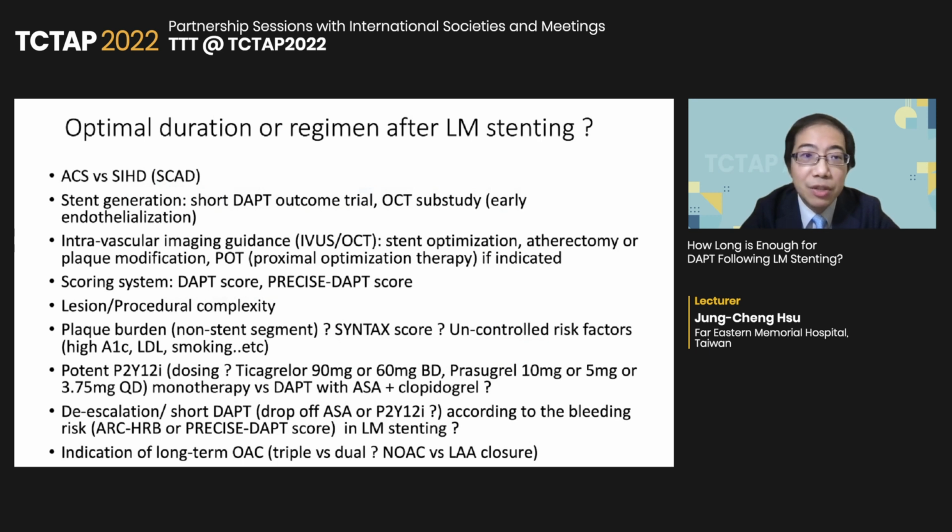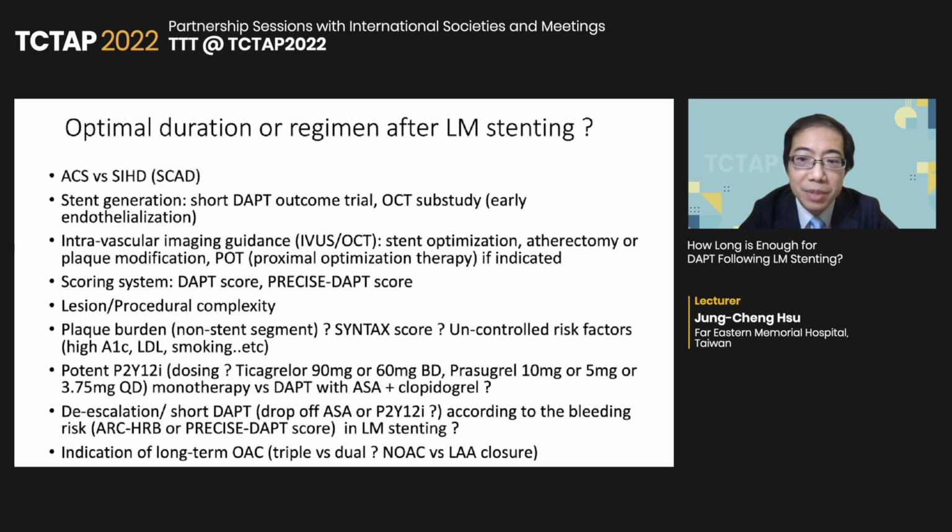It depends on acute coronary syndrome, stable CAD, stent generation, or use of intravascular imaging guidance like OCT or IVUS, a scoring system, DAPT score, PRECISE-DAPT score, lesion or procedural complexity, plaque burden, especially in non-stent segment, uncontrolled risk factors during the follow-up, potent P2Y12 inhibitor, what regimen and what dosing, ticagrelor 90 or 60 milligram, prasugrel 10, 5 or 3.75 milligram monotherapy versus DAPT with aspirin and clopidogrel.